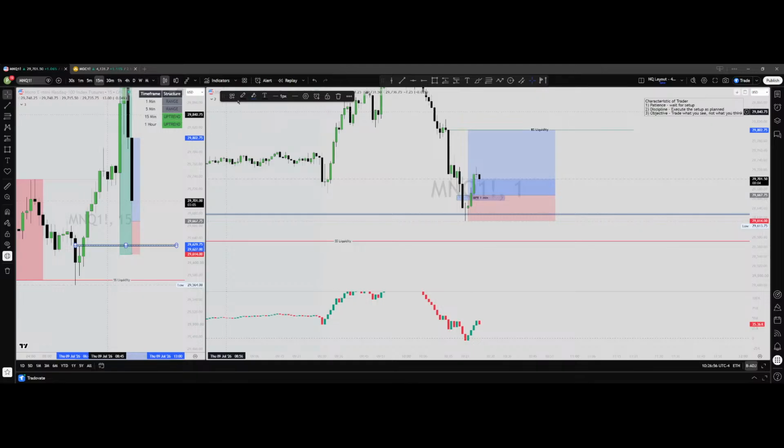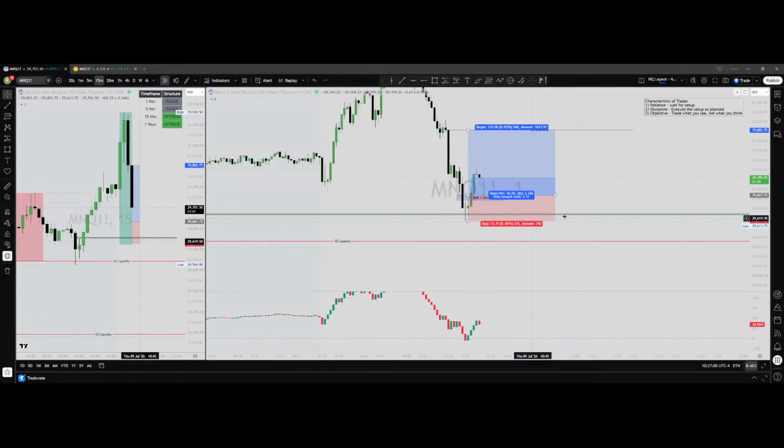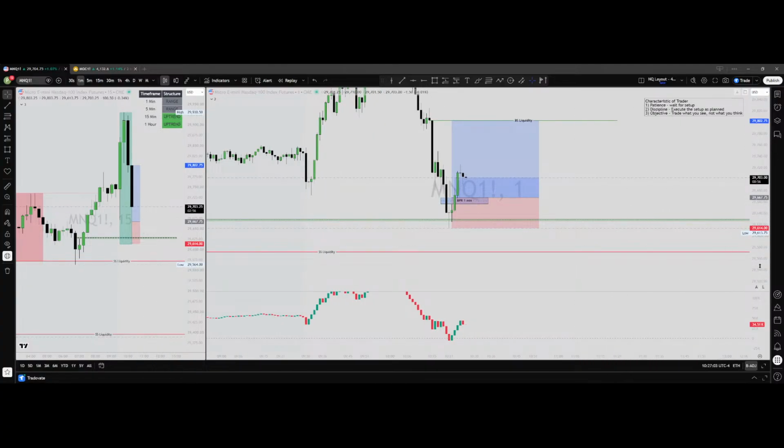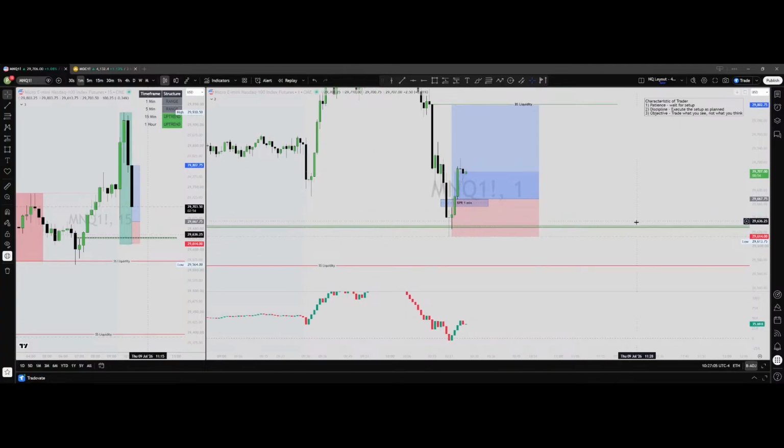Our draw on liquidity is also bullish. If it gives us that trade, it gives us this trade. If not, then it's okay. Stop is going to be 53 points, against which the target is going to be 135 points. If it gives us entry, it gives us that entry.